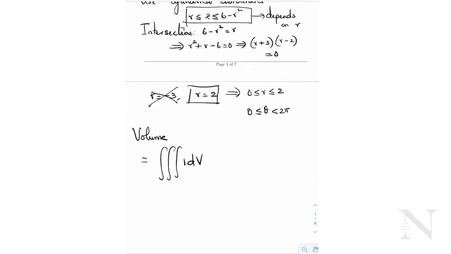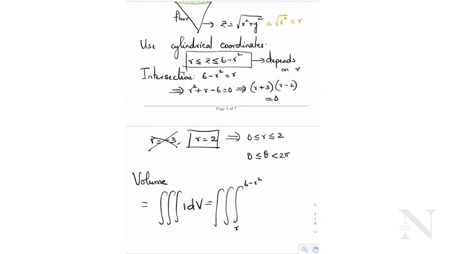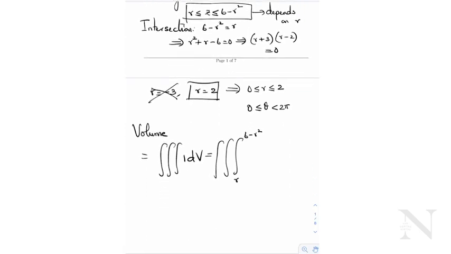Okay, and so let's set it up first. So z has to be done first because z depends on r. Okay, so z goes from r to 6 minus r square. Again, it's not the square root of r, it's the square root of r square, which is r. Okay, r goes from 0 to 2, theta goes from 0 to 2 pi, 1 dz r dr dθ.